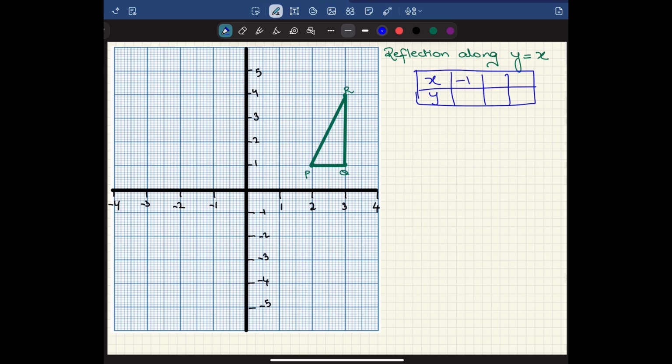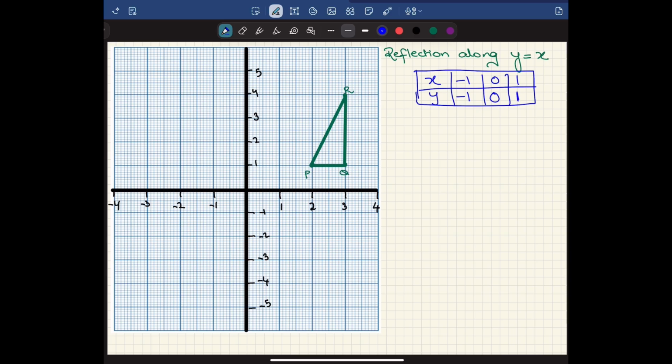So let's say -1, 0, and 1. And you substitute these x values into the equation and find the respective y values. So if you substitute x is equals to -1, y is also -1. If x is 0, y is also 0. If x is 1, y is 1.